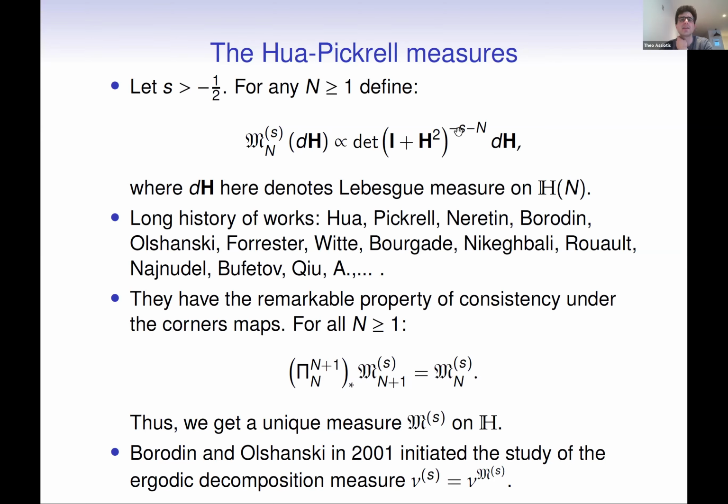For example, for s equals 0, this is essentially the random matrix analog of the Cauchy random variable. And when n equals 1 and s is general, this is what's called the Pearson distribution. So sometimes it's the random matrix analog of these random variables. They were introduced by Hua in a book where he studied these probability measures, and he computed some matrix integrals. And there's a very long history of works.